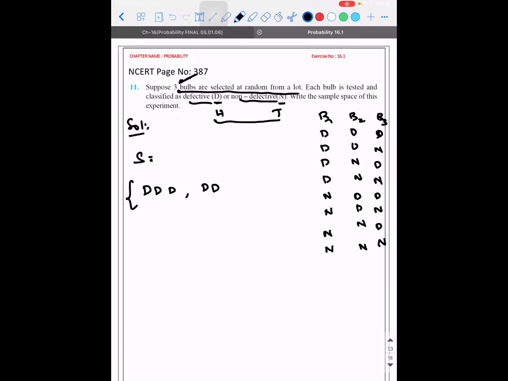Or first, second will be defective, third is non-defective. First and third are defective, middle one is non-defective. First one is defective, the remaining 2 might be non-defective. Then NDD, NDN, NND, and triple N. Clear, guys?